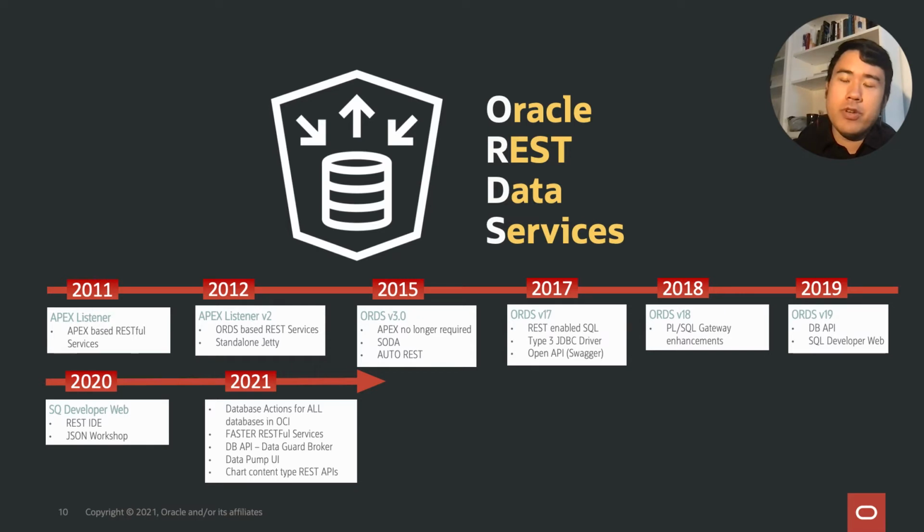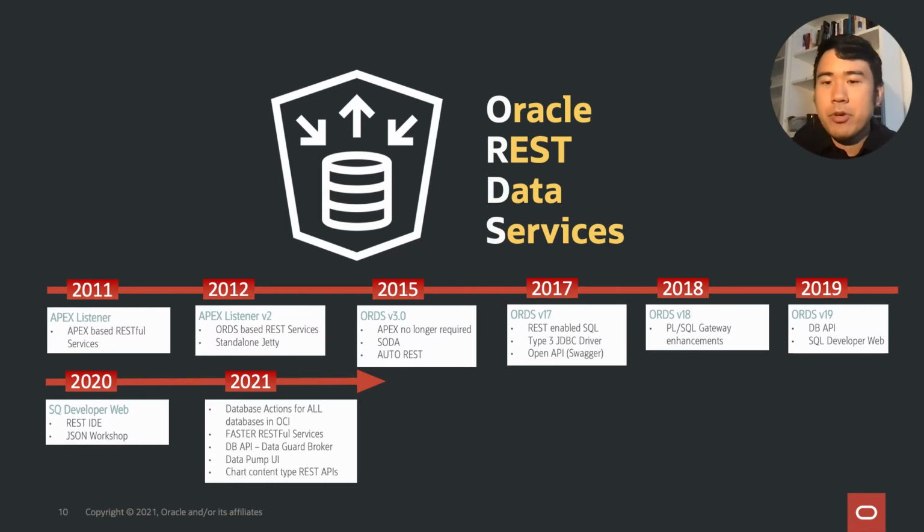If we look at the history of ORDS, at the beginning, which is 2011 and 2012-ish, it was likely an APEX feature or APEX listener. But after 3 years, APEX is no longer a requirement, meaning it became a standalone service and provides you with different kinds of deployment options.